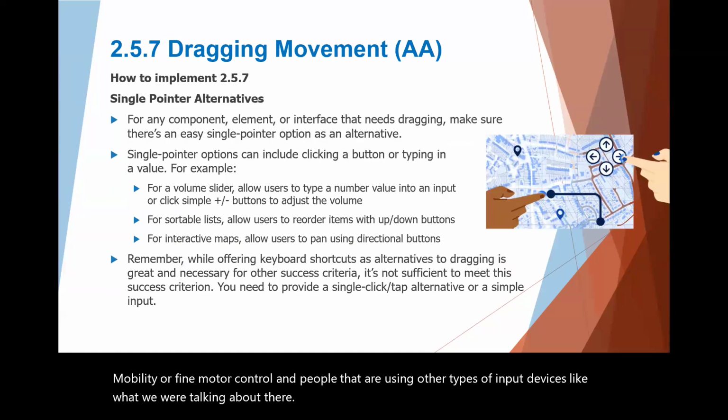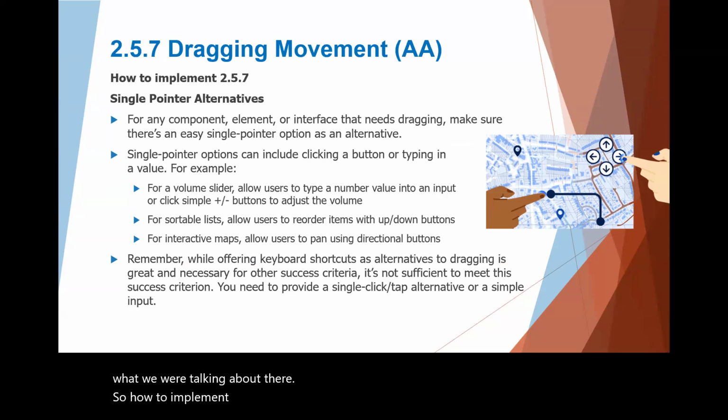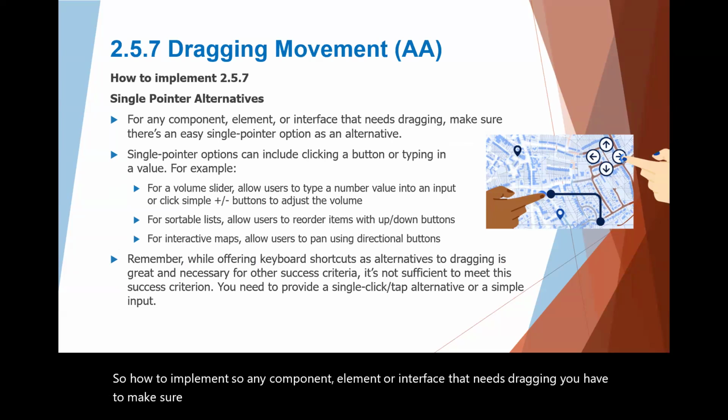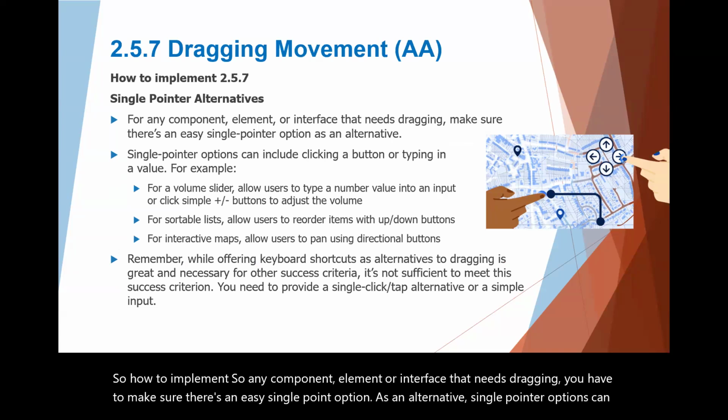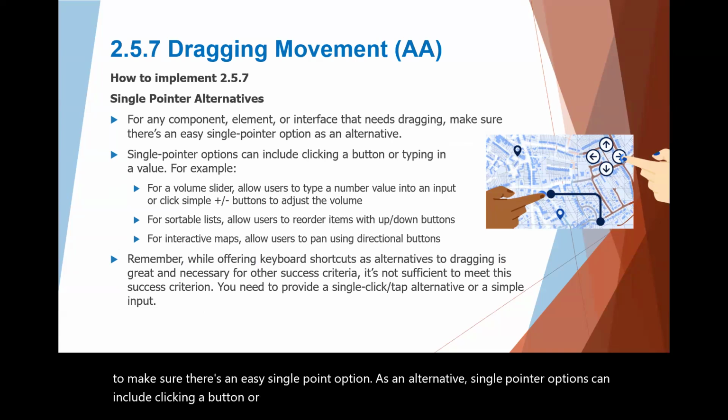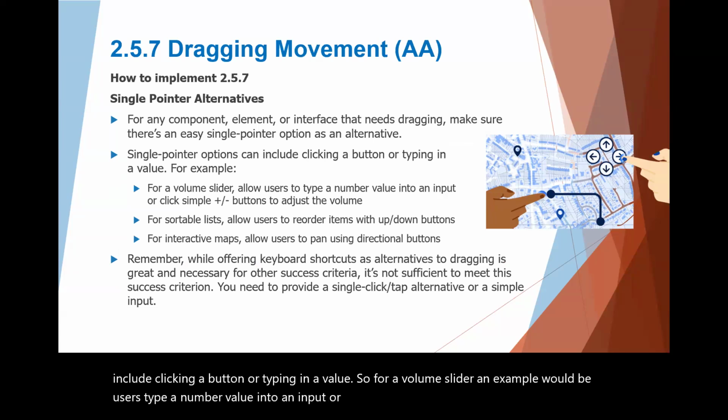So how to implement? Any component, element, or interface that needs dragging, you have to make sure there's an easy single point option as an alternative. Single pointer options can include clicking a button or typing in a value. So for a volume slider, an example would be users type a number value into an input or click a plus or minus button to adjust volume.